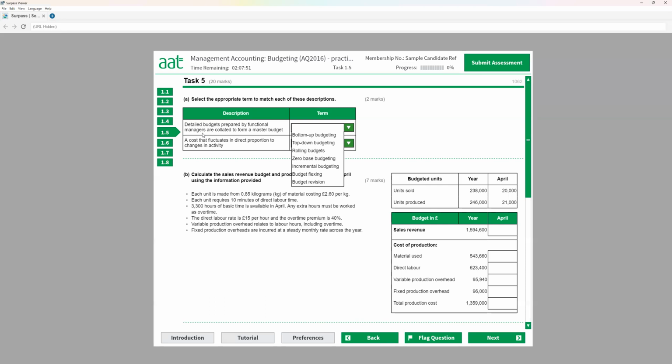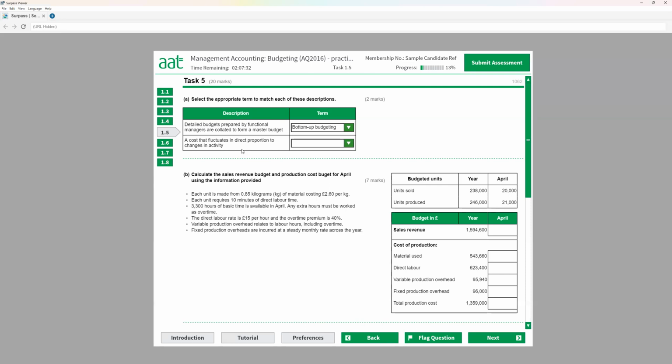So if the budget is prepared by these people, it is a bottom-up budget.